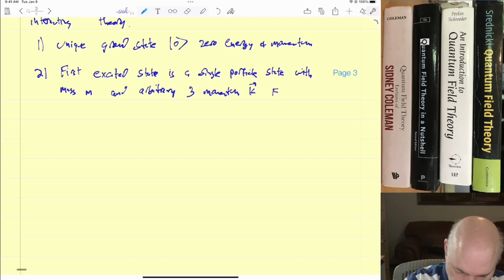And the energy, which we usually denote by omega, is equal to the square root of k squared plus m squared. Okay.